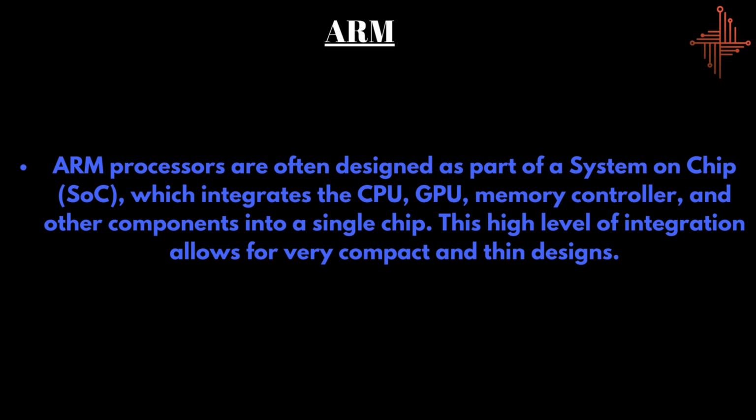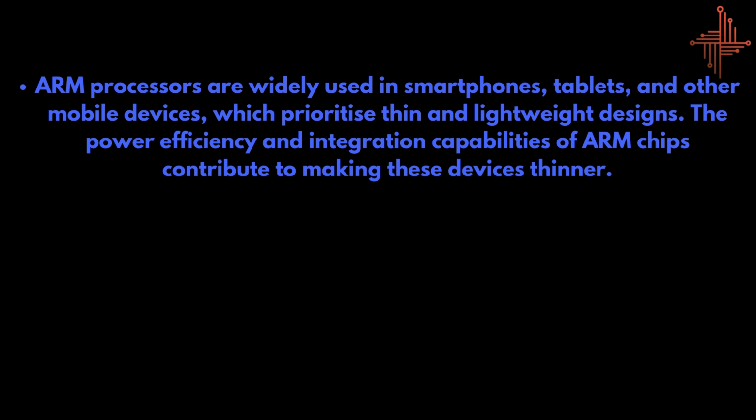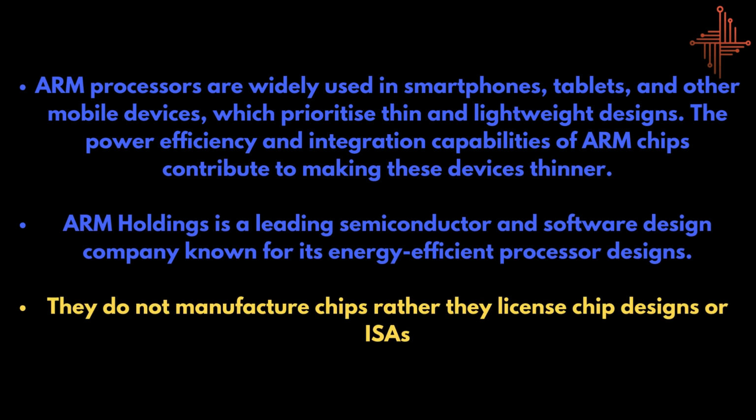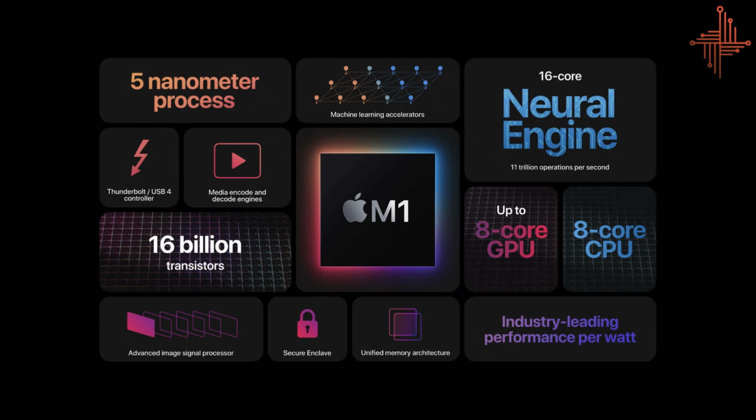They are system on chip, which means everything including your memory, RAM, CPU, GPU, everything is on a single chip. Have you ever heard that you can expand the RAM on your phone? No, right? Whereas you can do this on your laptop if it is Windows or it has an Intel chip. So yeah, that's the difference. This system on chip thing allows for very compact and thin designs and less power consumption. That is why the ARM chips are very mobile friendly.